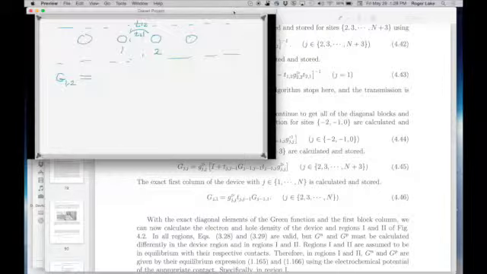I need something that starts with an index 1, and the only thing that starts with an index 1 would be a left-connected Green's function, then T12, and then the exact G22. I guess that's the only difference, right? That's it. Yeah, that's the equation we need.